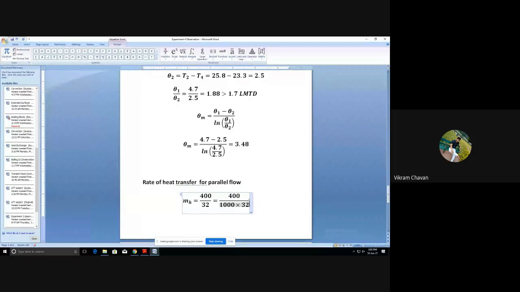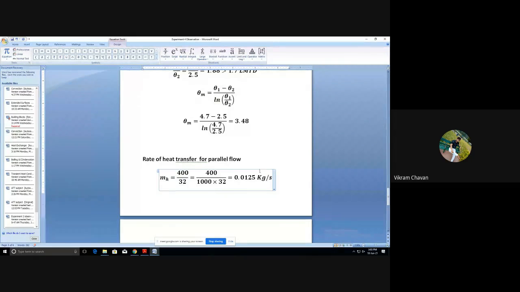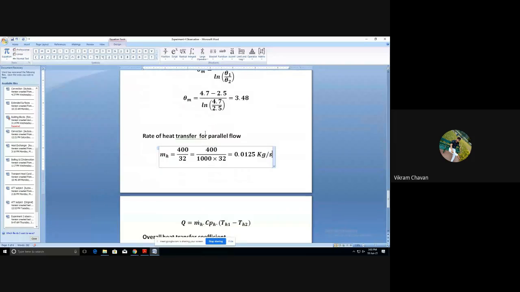Please calculate m dot h. 0.0125, and that will be kg per second. Now the cph value for water: 4.187 joule per kg Kelvin.